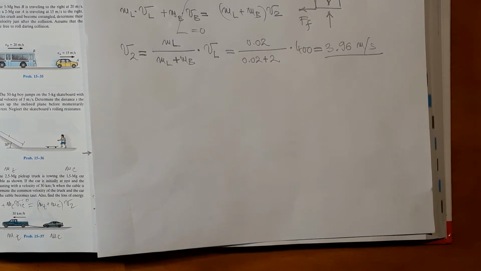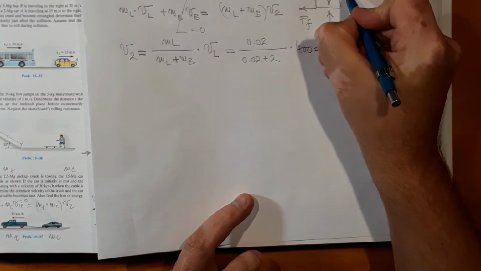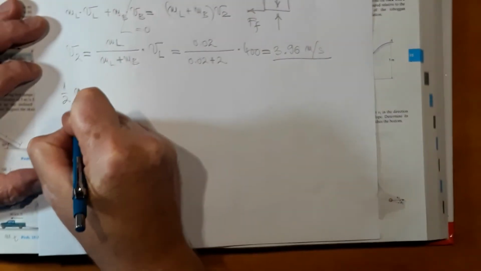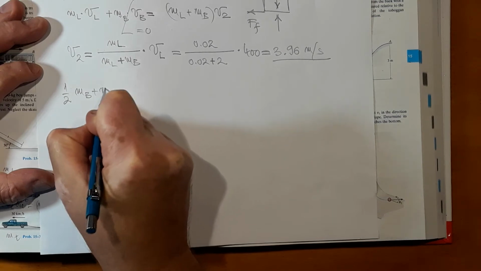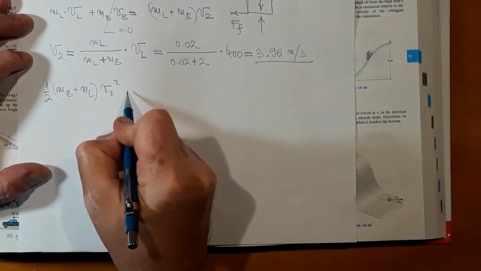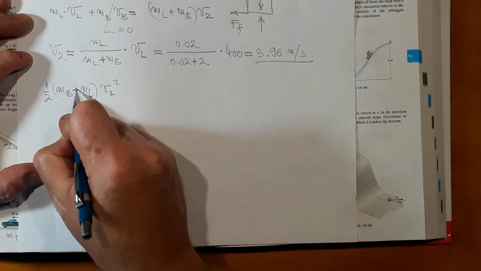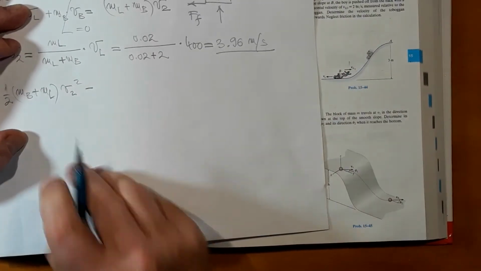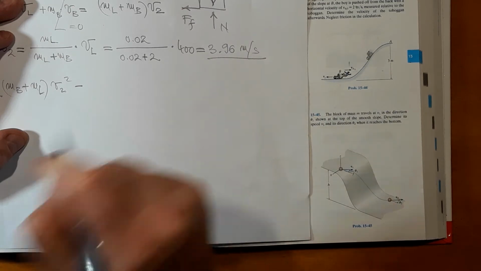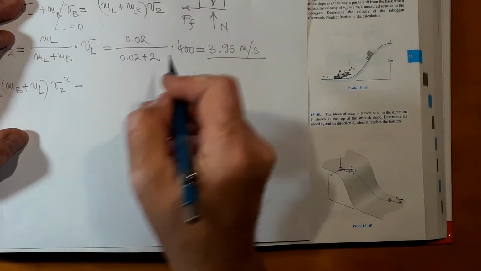And so what do we have? We have kinetic energy of the bullet and the block, and the bullet will be V2 squared, negative the work of the friction force, and that's going to be N times kinetic coefficient of friction.